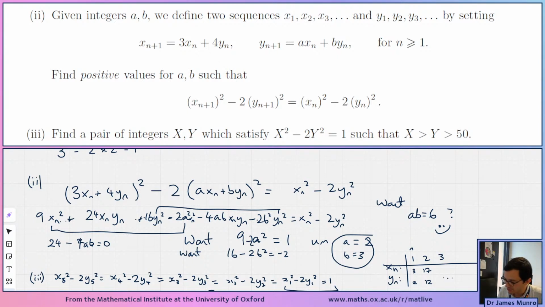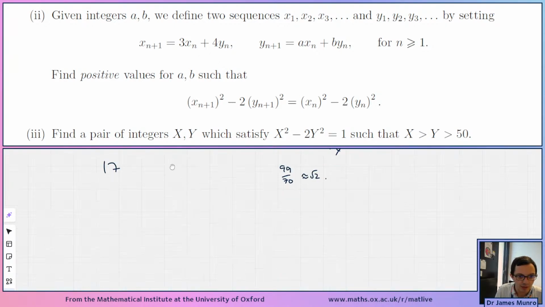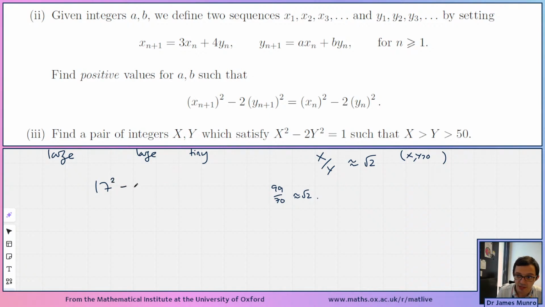It always reduces down to being x1 squared minus 2y1 squared using this kind of chain of logic down here. It's brilliant, isn't it? So you can generate these huge numbers like 17 squared minus 2 times 12 squared. You don't, at any point in the question, need to work out these numbers, but it really is true that this is 1.